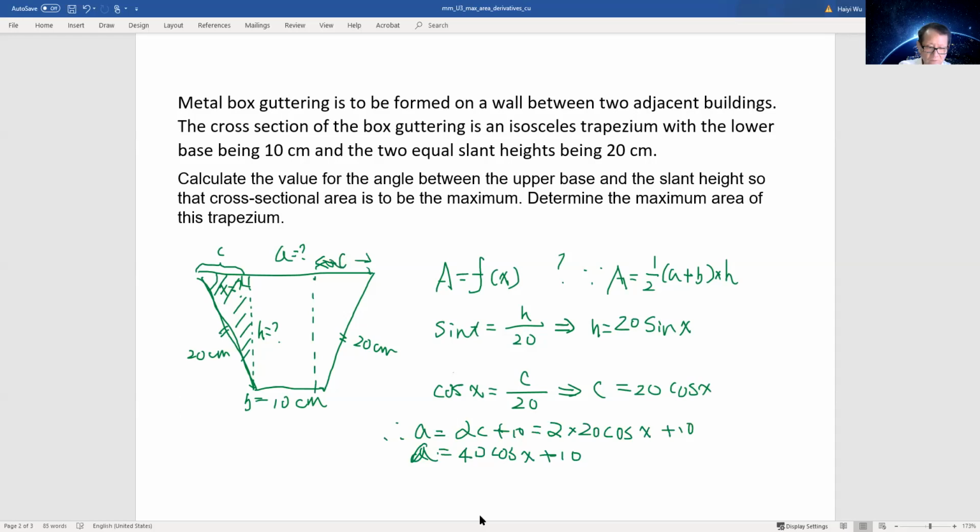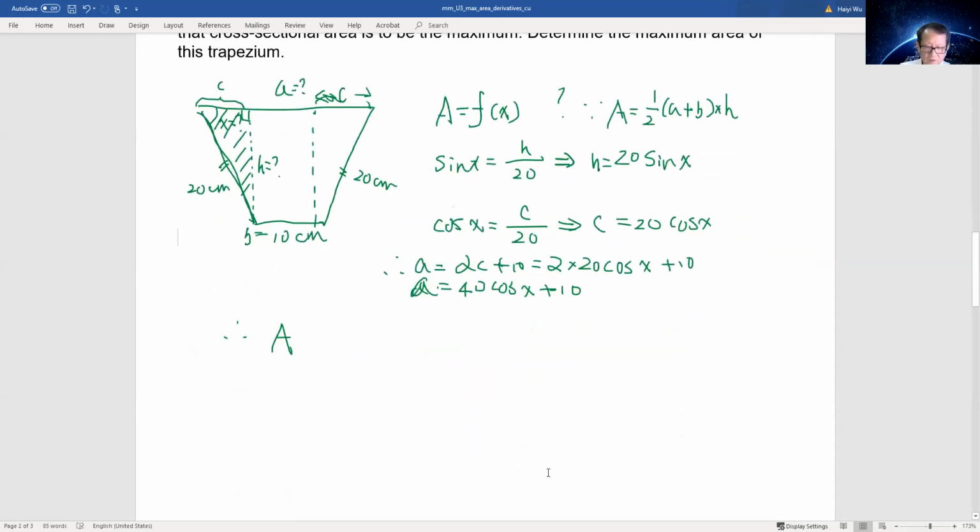So let's substitute into the area formula. The area of the trapezium is equal to half, A is 40 cos x plus 10, plus B is 10, bracket, times the height, which is 20 sine x.